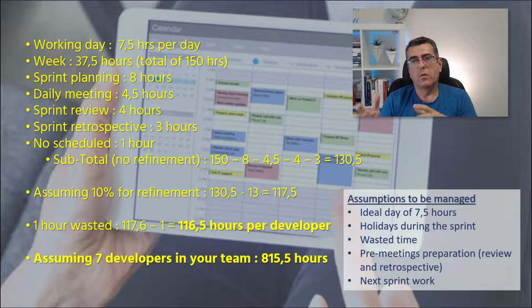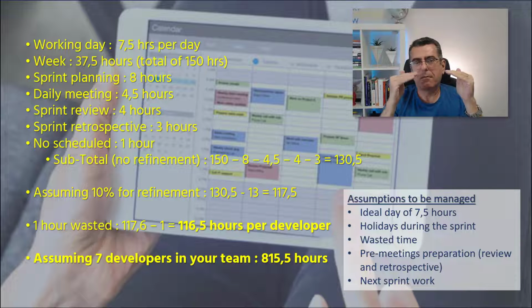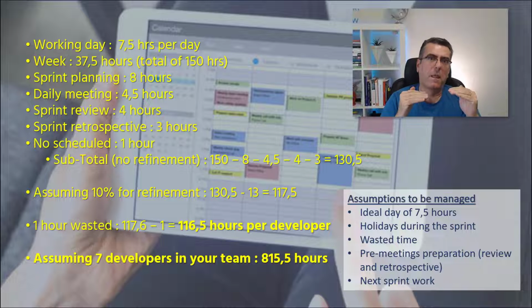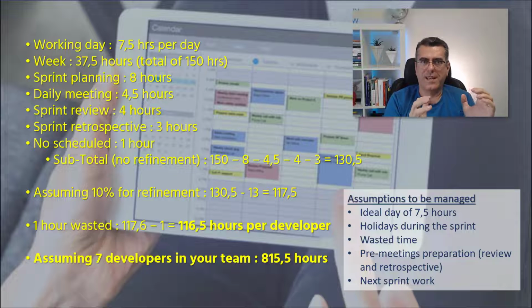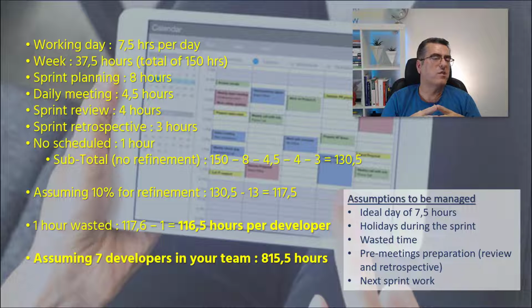So when you use a 2 week sprint or a 4 week sprint, this could have a variance. The shorter your sprint is, the more important it is that you take these points into consideration, because in a short sprint, 2 weeks, 3 weeks, the impact of 1 hour wasted or 2 hours in a new meeting has a bigger impact on your productivity.